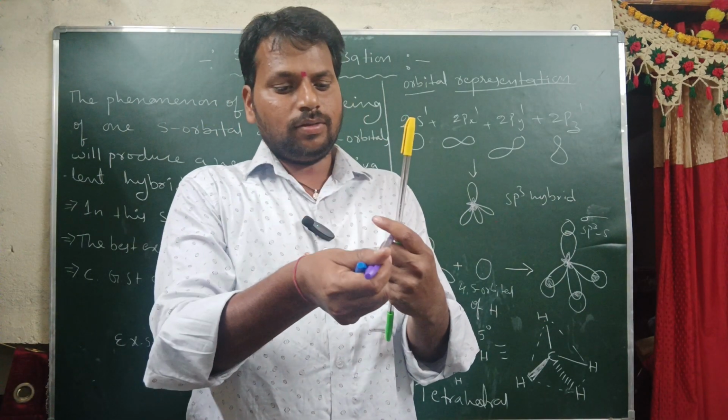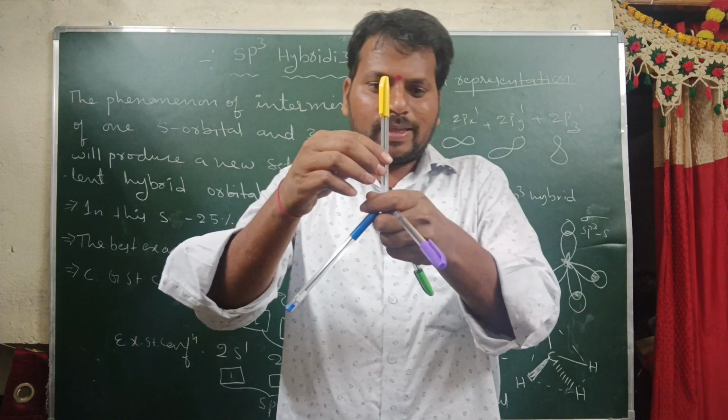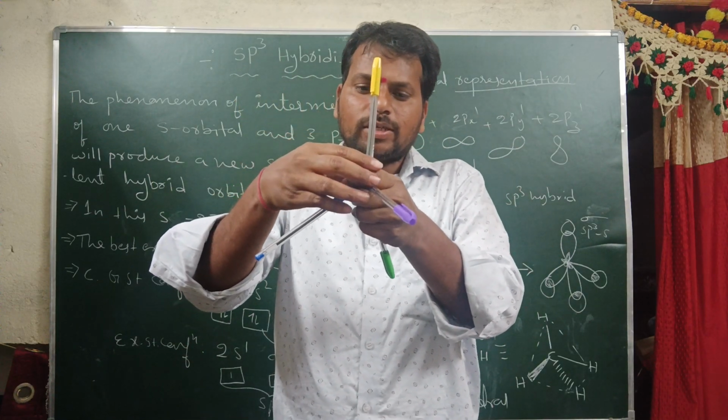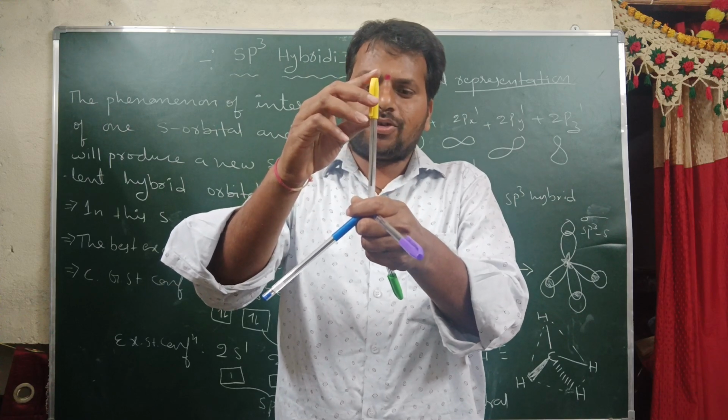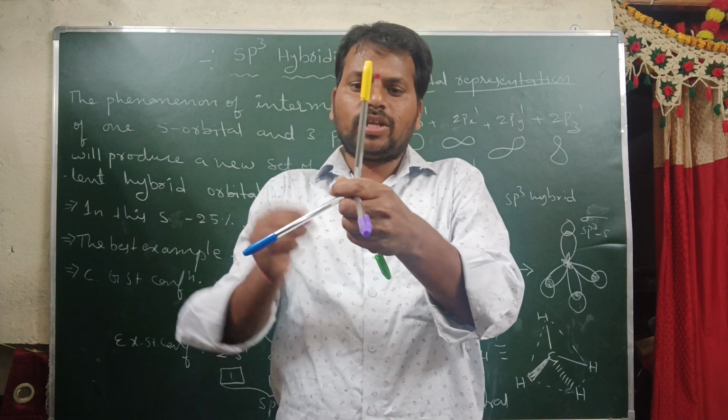You can see here these are the four pens. Just assume this is the carbon, and this is a hydrogen, this is another hydrogen, and this is the hydrogen, and this is the hydrogen.